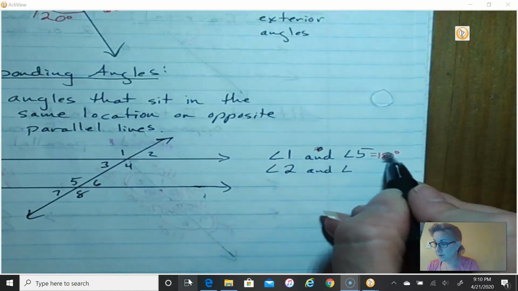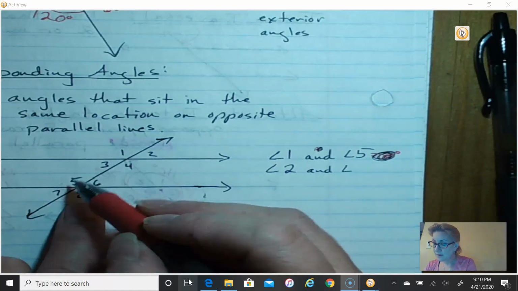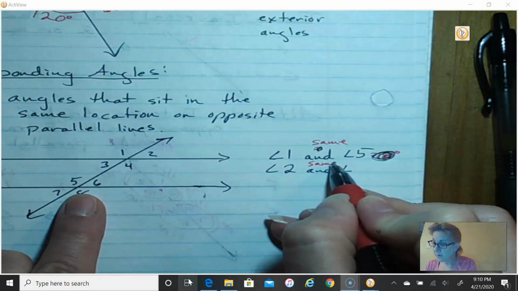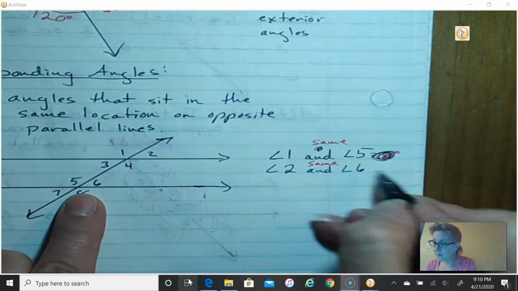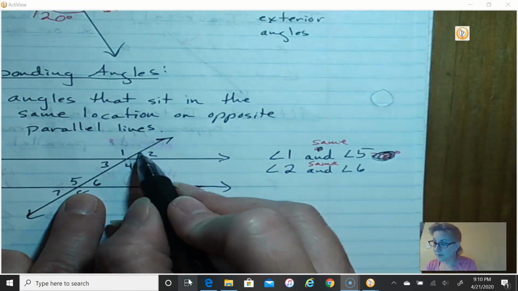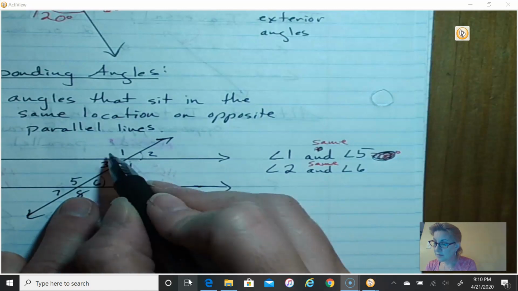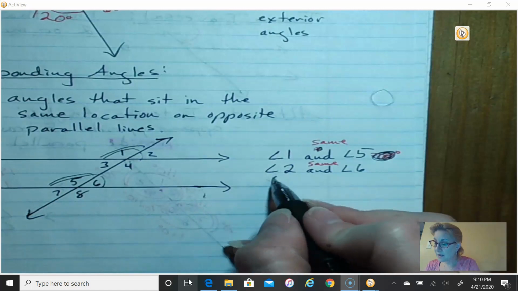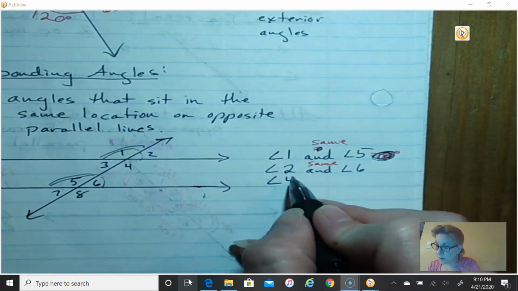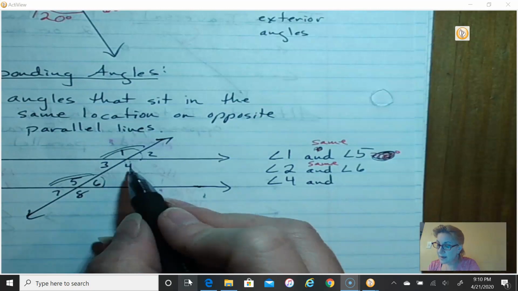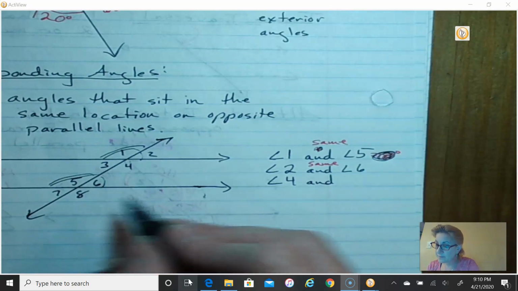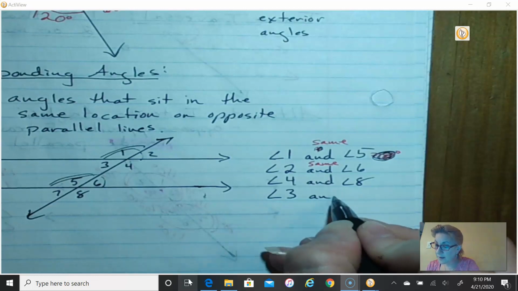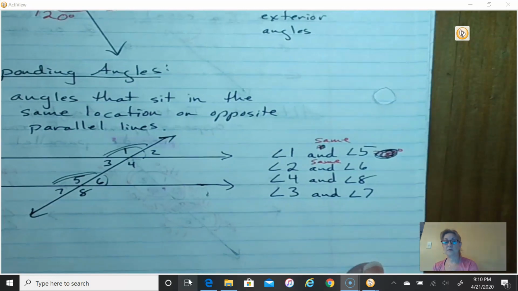What am I doing? They're the same. I'm sorry. So 2 and 6, they're corresponding, they're the same. Notice that. 1, same as 5. Angle, let's say 4 and angle 8. Corresponding. Angle 3 and angle 7. Corresponding.